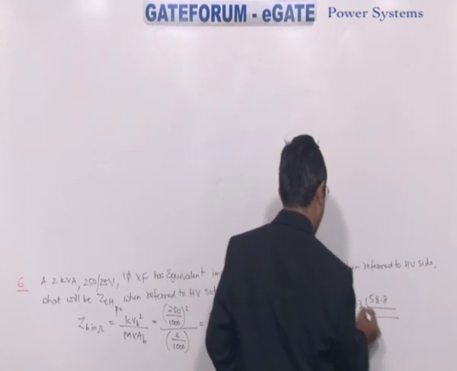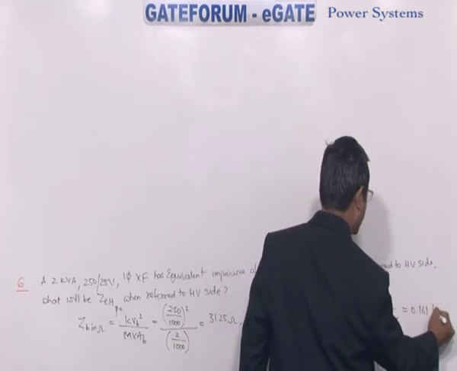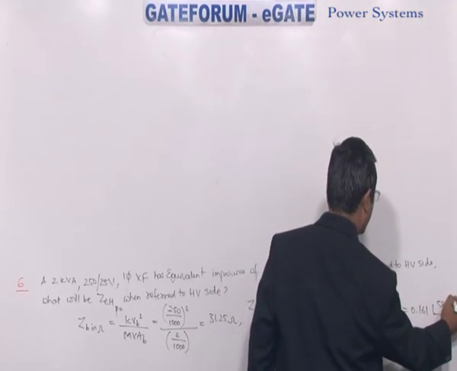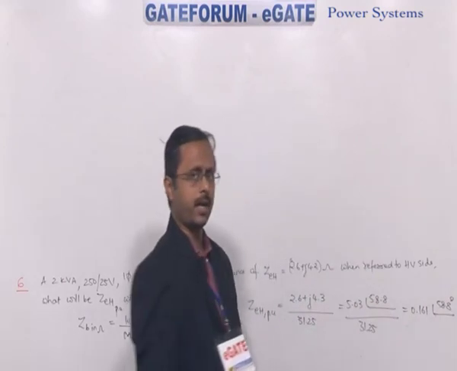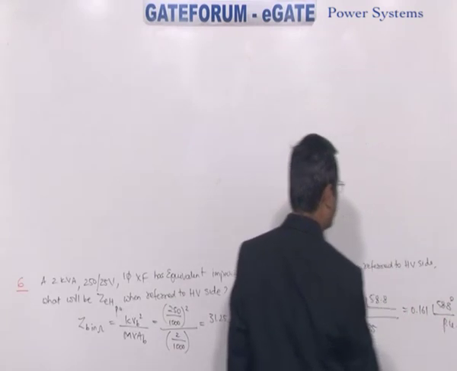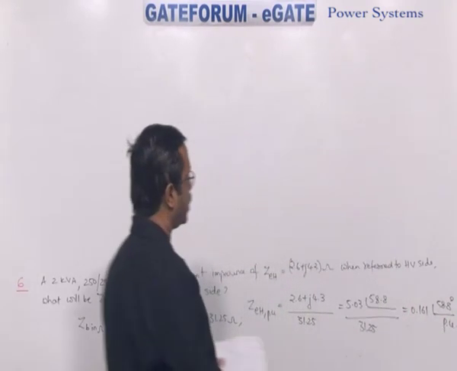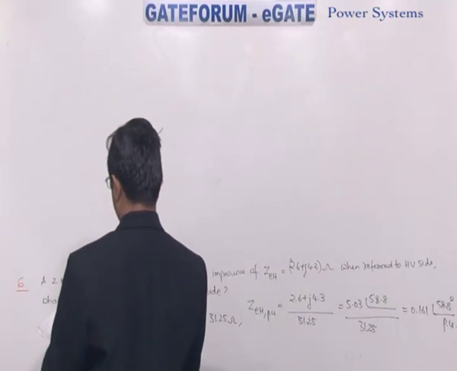You check the magnitude. In all the options the magnitudes are different. Okay, no need to check the angle. Check the magnitudes and simplify. You can get the answer. 0.161, angle is 58.8 per unit.